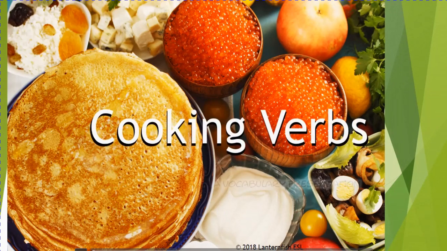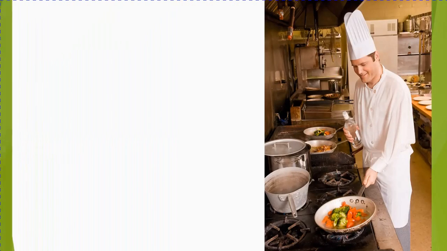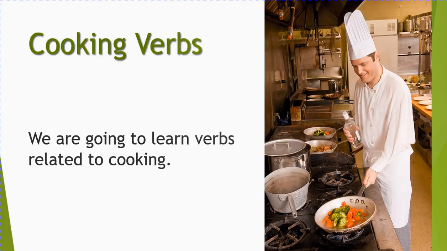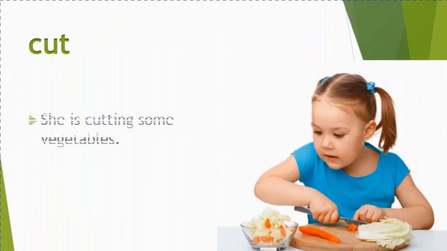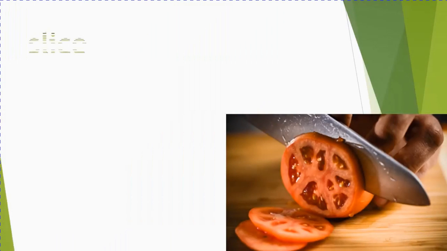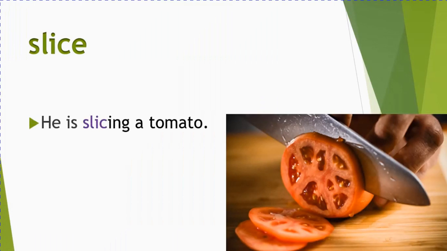Cooking verbs. A vocabulary presentation from Lanternfish ESL. We are going to learn verbs related to cooking. Cut. She is cutting some vegetables. She is cutting vegetables on a cutting board. Slice. He is slicing a tomato.